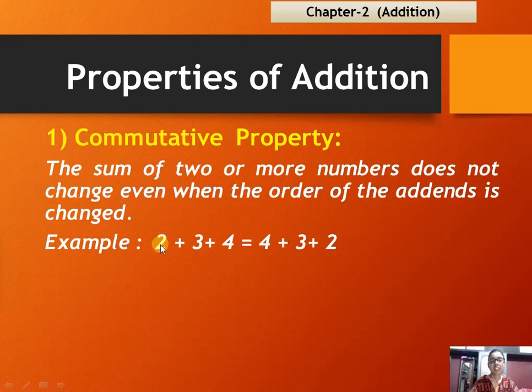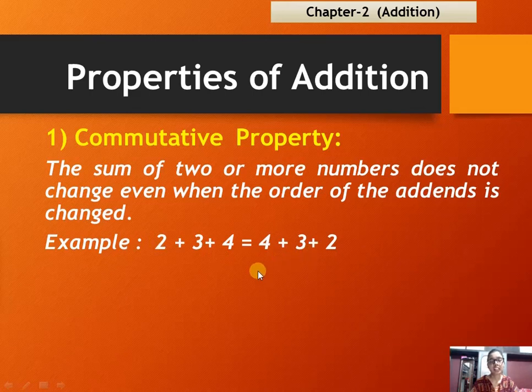Here we have three numbers, 2 plus 3 plus 4, and we have changed the order of these numbers. It means we have written this 4 at the first position and this 2 at the last position.